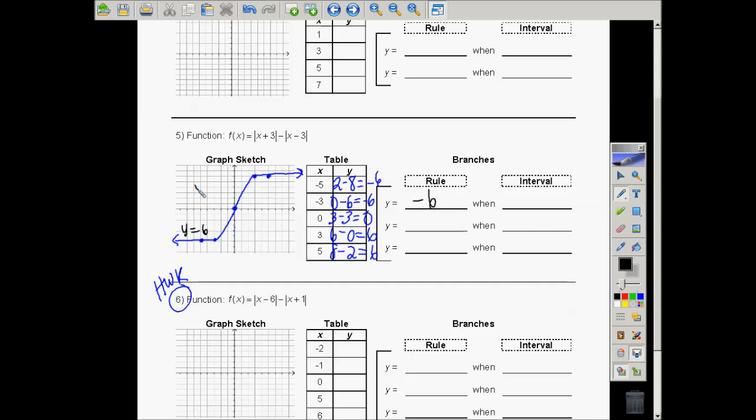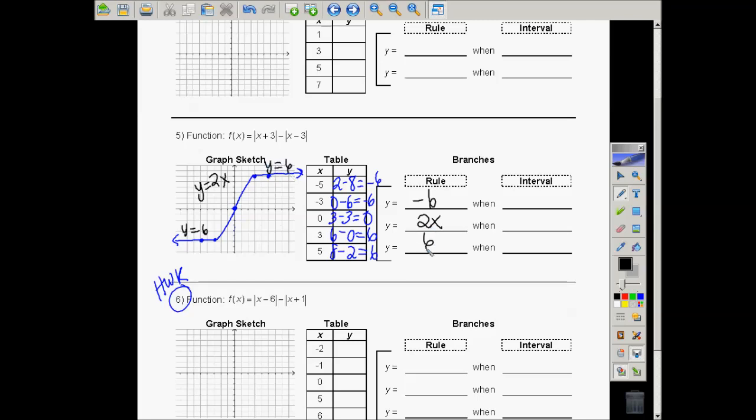So what's my slope? It's rise over run. I'm just going to go all the way up 6 and go over 3. 6 divided by 3 is? 2. And then my intercept is at 0. So do I need to write it? Nope. So y equals 2x. Okay. And then what's the y here? 6.